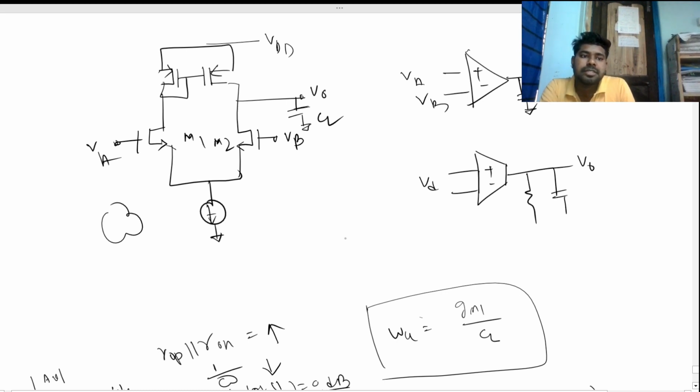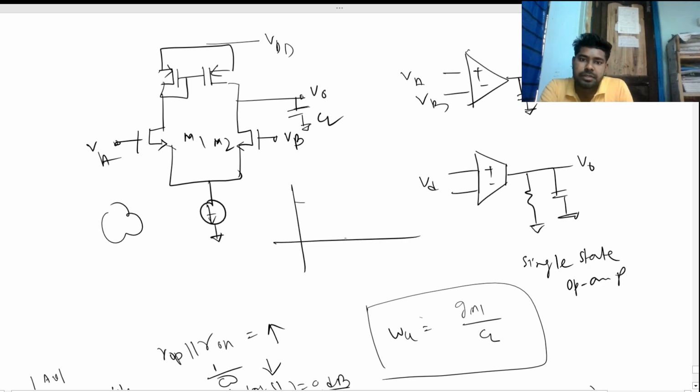So this is basically a practical single stage op amp, and we find the Bode plot. This will be like this. The DC gain A will be nothing but GM1 into ROP parallel RON. This is a single pole system, right?